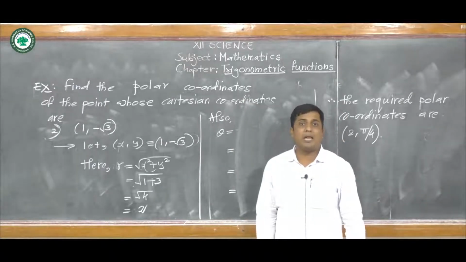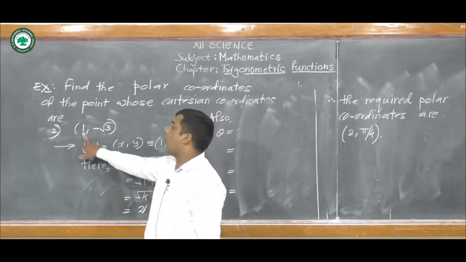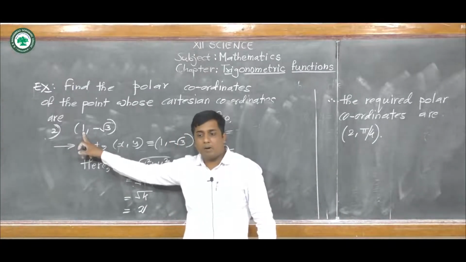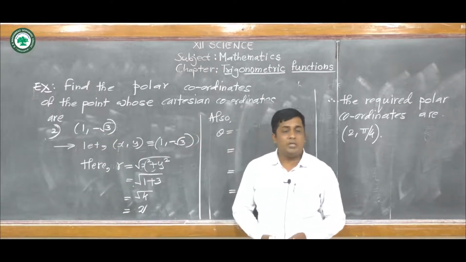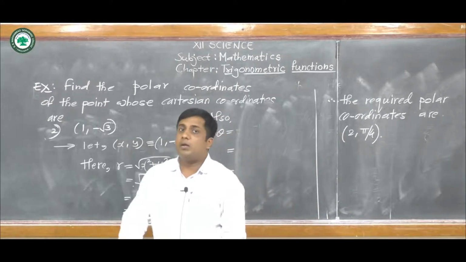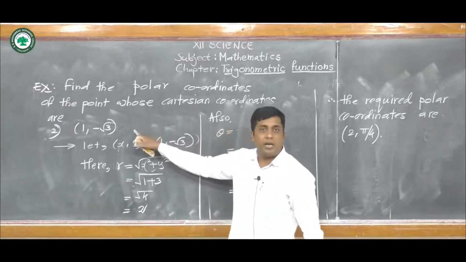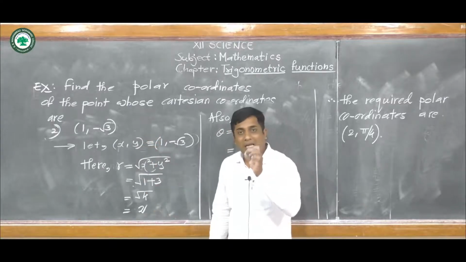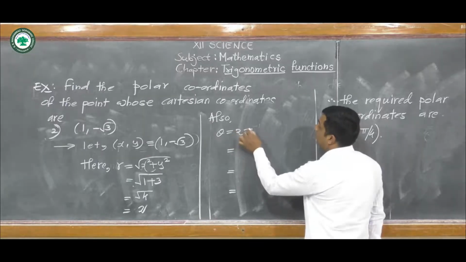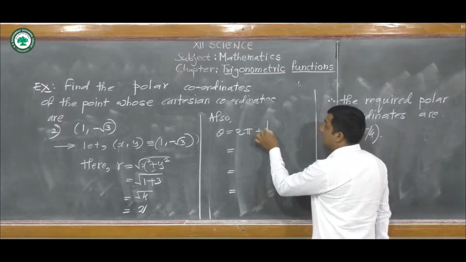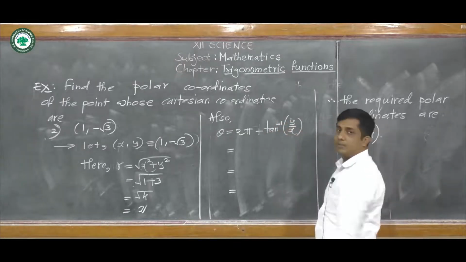That is the vectorial angle. So here we know this point 1, minus root 3 is in the fourth quadrant. If this point lies in the fourth quadrant, we find theta by using 2 pi plus tan inverse of y by x.